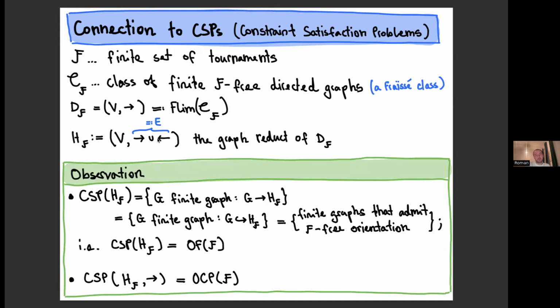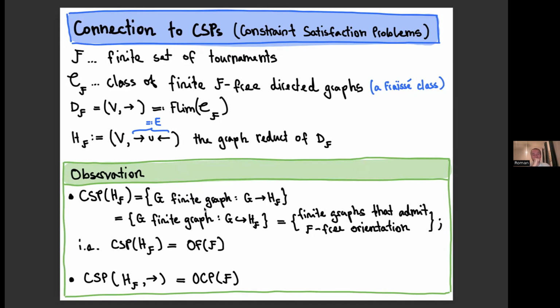And now we can observe that the CSP of HF, which by definition is just the set of finite graphs which homomorphically map into HF, is precisely the set of graphs that admit an F-free orientation.